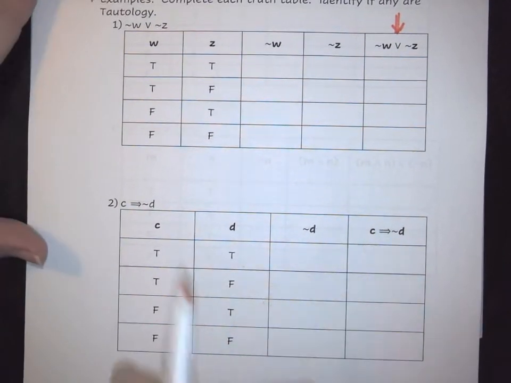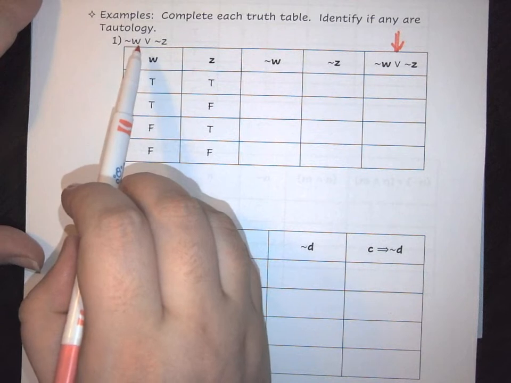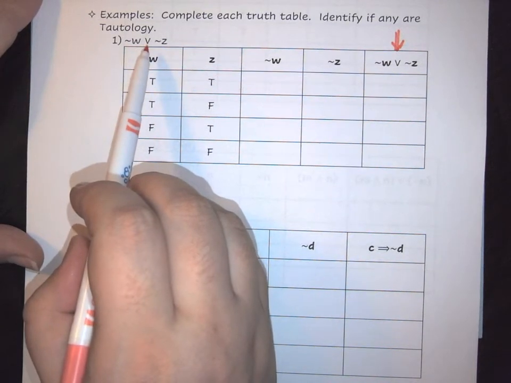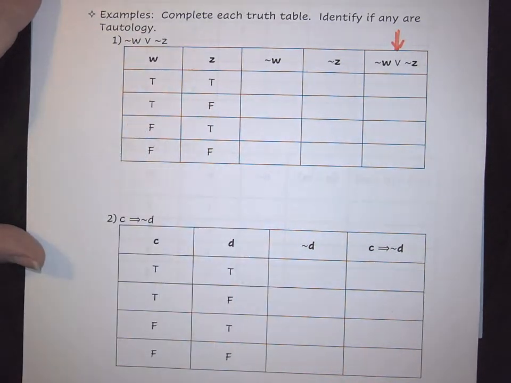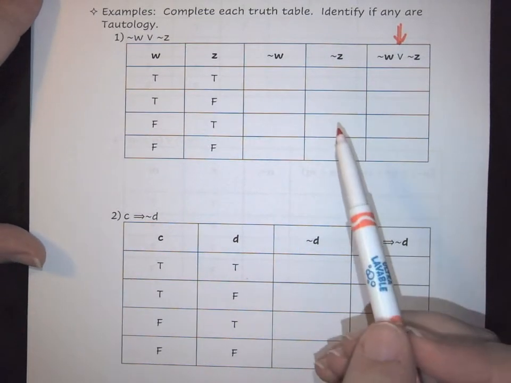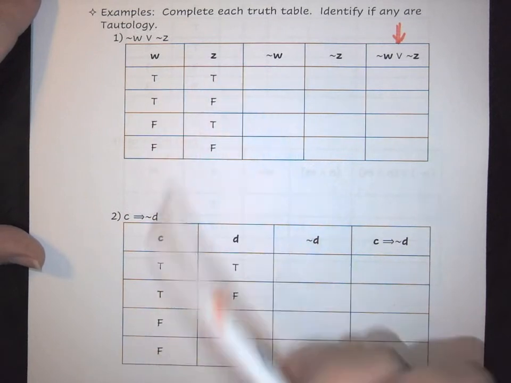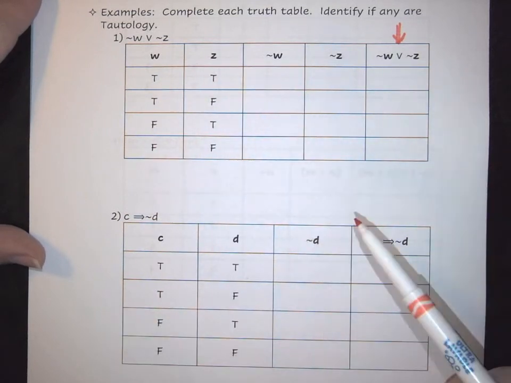So in this first one, here we have the statement not W or not Z. So here, what we have to do is put it all together. So we start with the given. We're given W and Z. We have to fill the rest in.